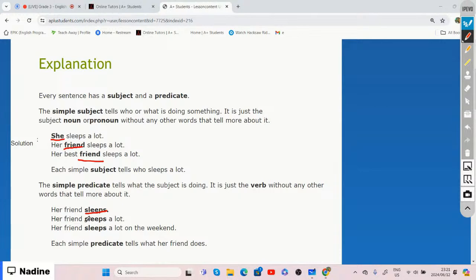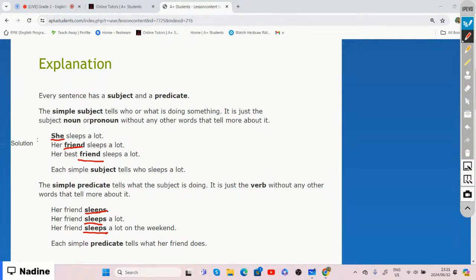So we just say the verb without any other words. Her best friend or her friend sleeps a lot on the weekend. So just sleeps, not the other things. Because remember, it is just a simple predicate, just a simple subject. So you only identify the noun or pronoun, or you only identify the verb, right?